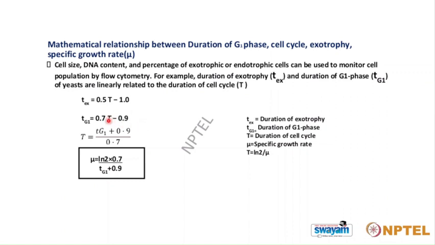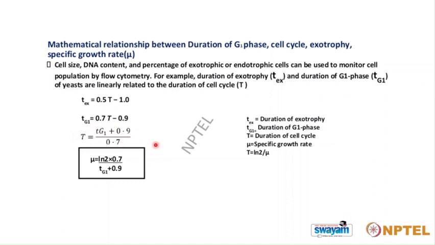If we bring this T to the left hand side, and bring the other factors to the right hand side, we'll get a correlation for T, isn't it?